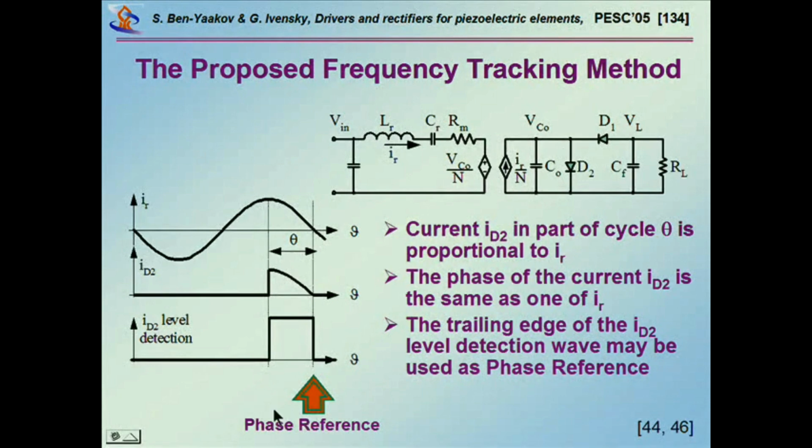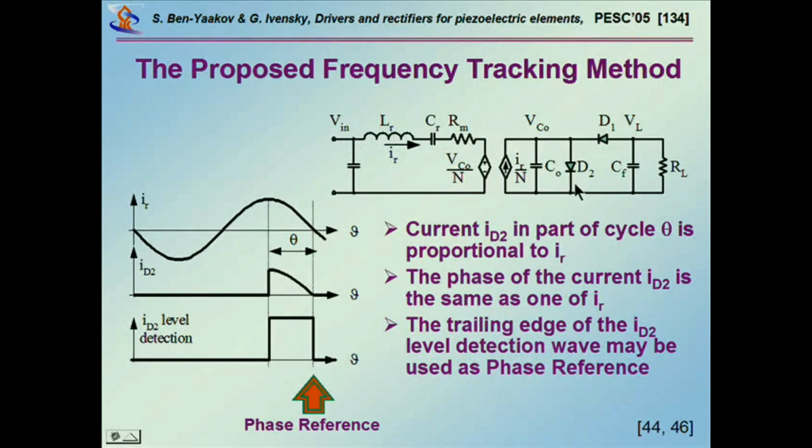So what you'd like is for this current, which is sensed by this diode, to be in phase with the input voltage. Because when this is in resonance, you have here a resistive nature, and the current will be in phase with the input voltage.